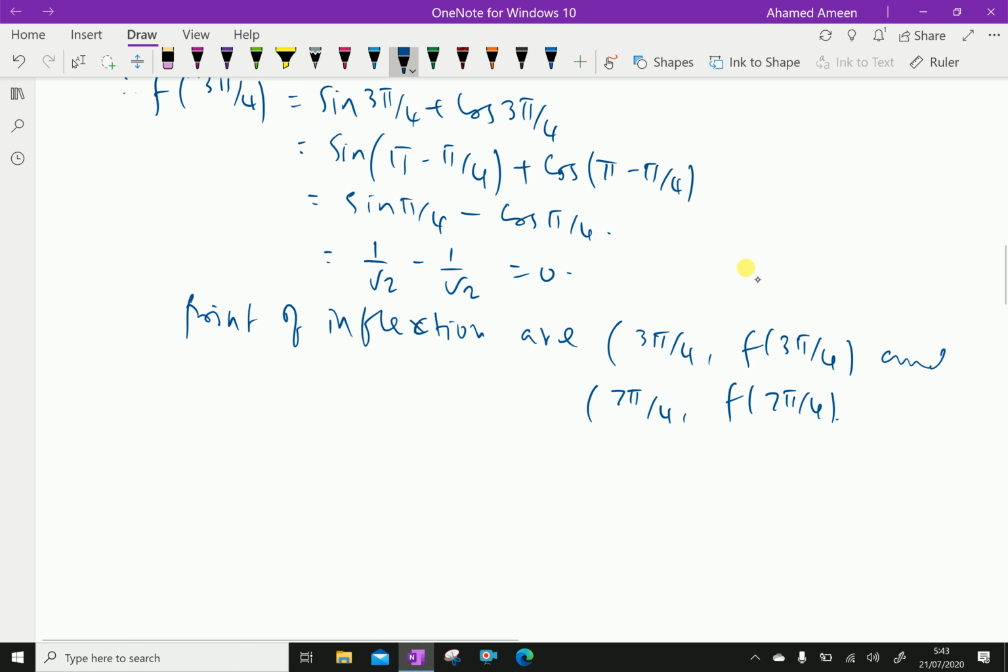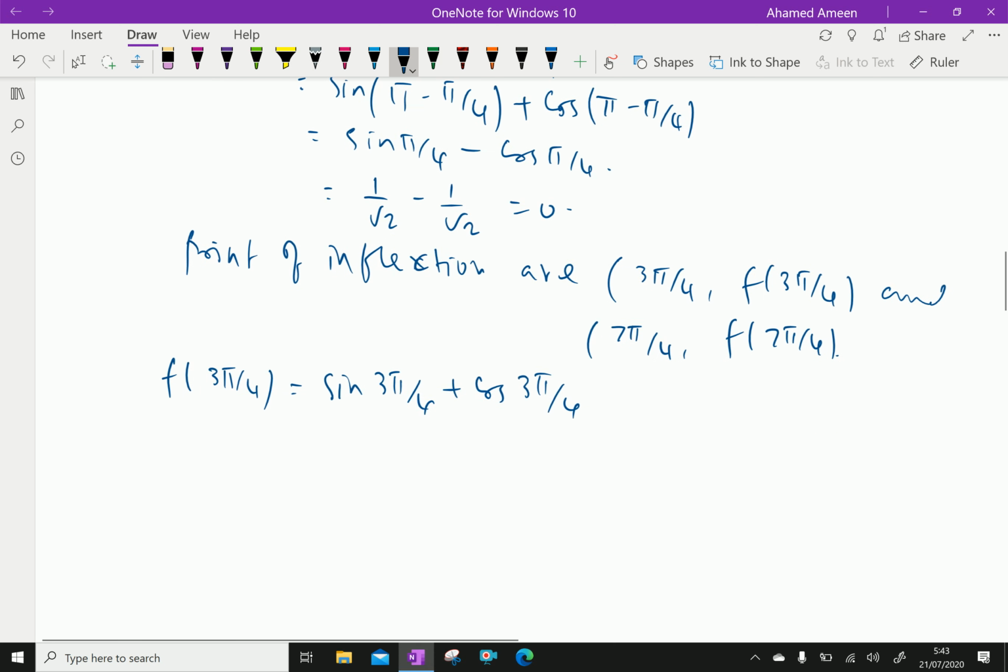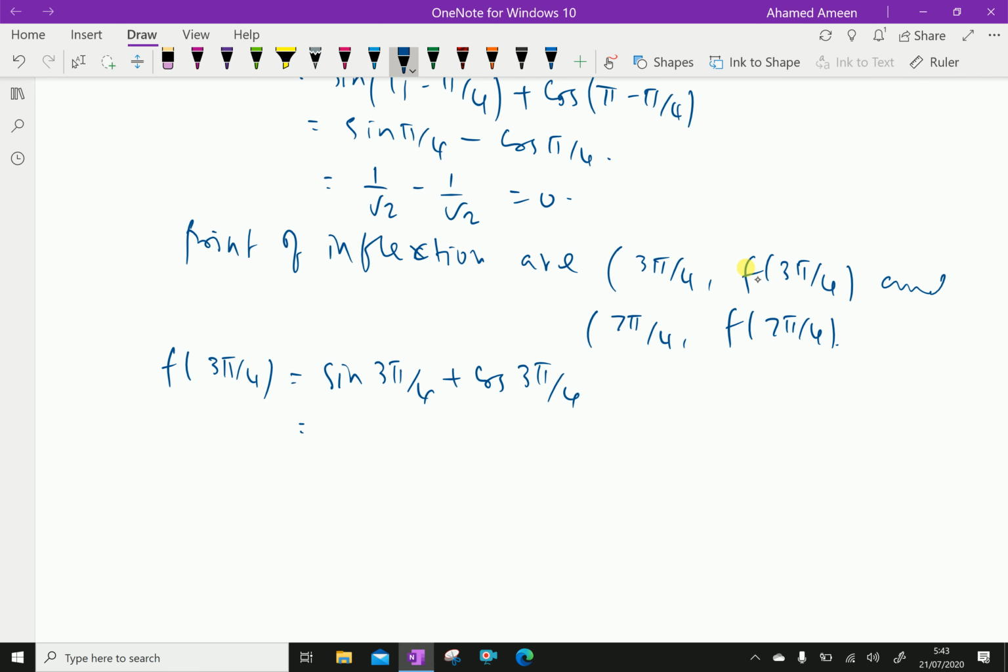Now let us calculate f of 3 pi by 4 equals sine 3 pi by 4 plus cos 3 pi by 4. Here we can split 3 pi by 4 like sine of pi minus pi by 4 plus cos of pi minus pi by 4.